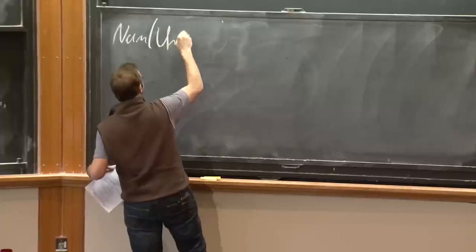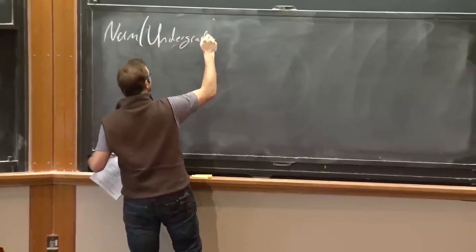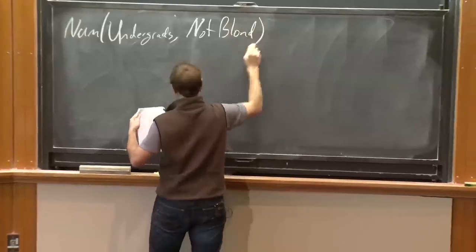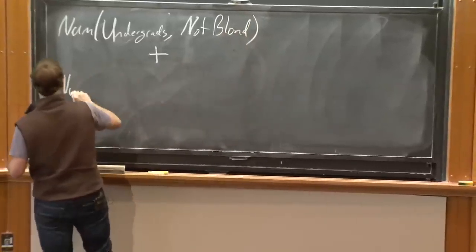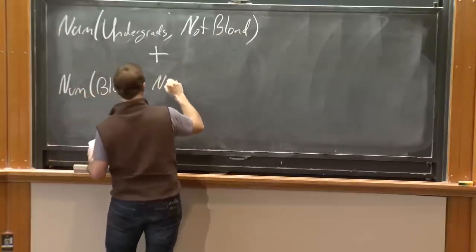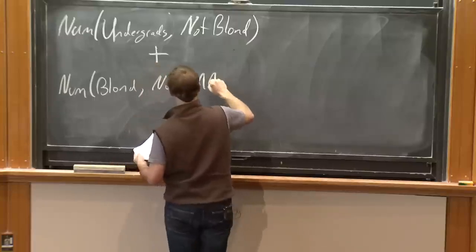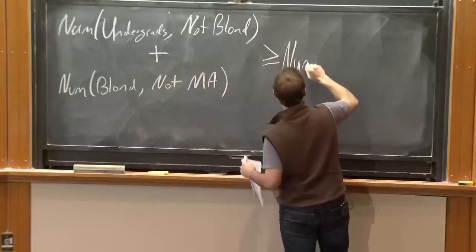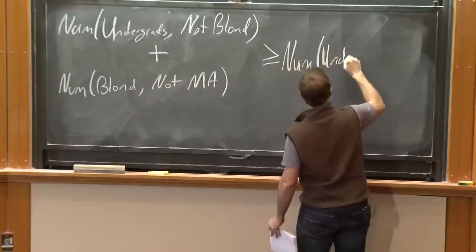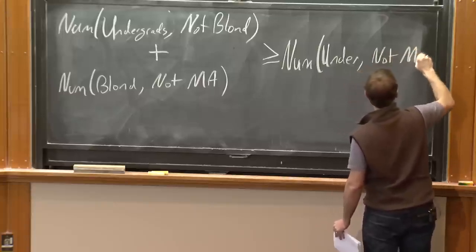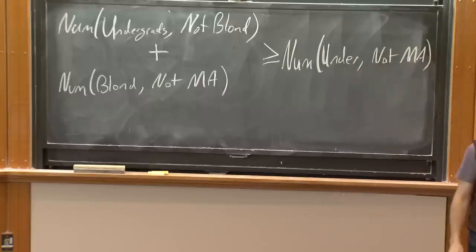Number who are undergrads and not blonde, plus the number of people in the room who are blonde but not from Massachusetts, is greater than or equal to the number of people in the room who are undergraduates and not from Massachusetts. I claim that this is true. I haven't checked in this room, but I claim that this is true.